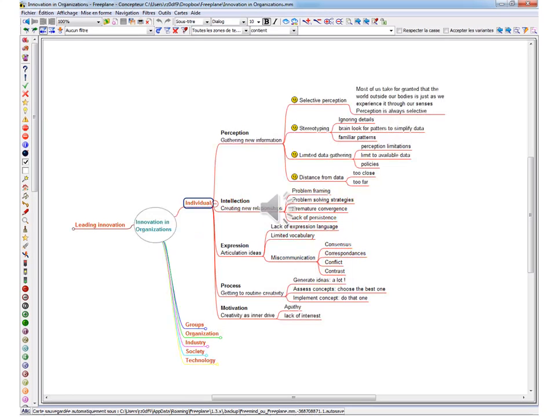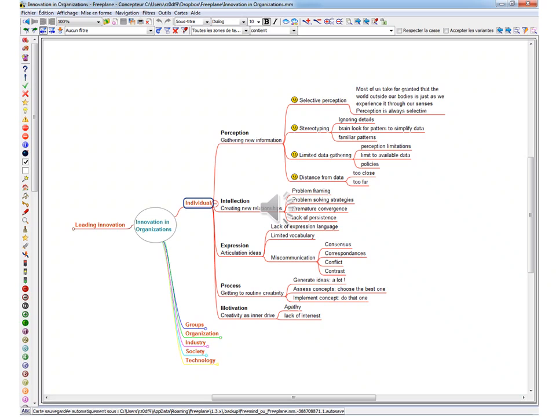The first item is individual, so we put in a tree-form list all the information provided in the second week, with perception, intellection, expression and so on.